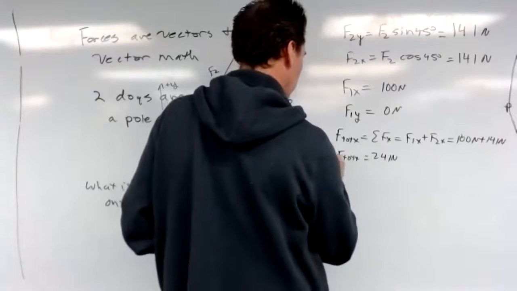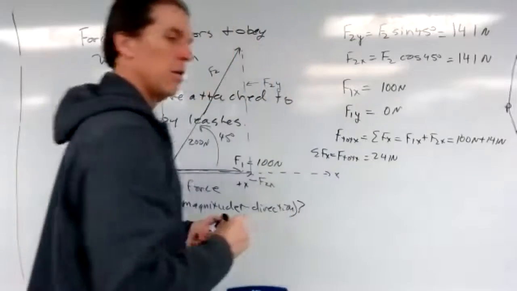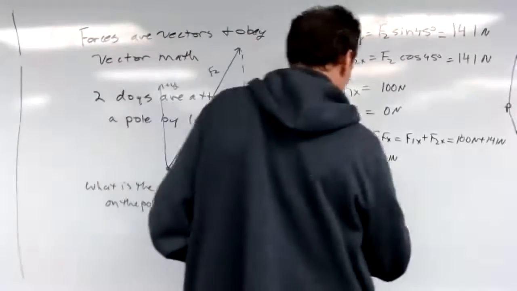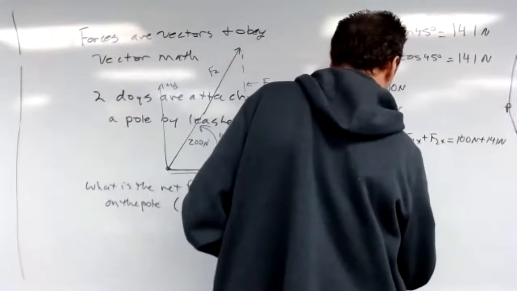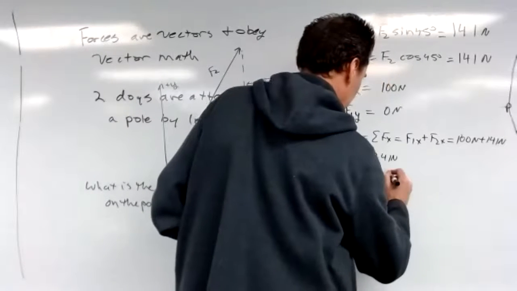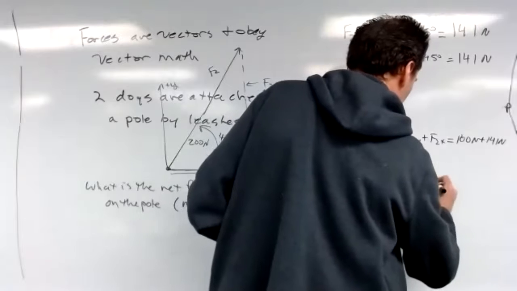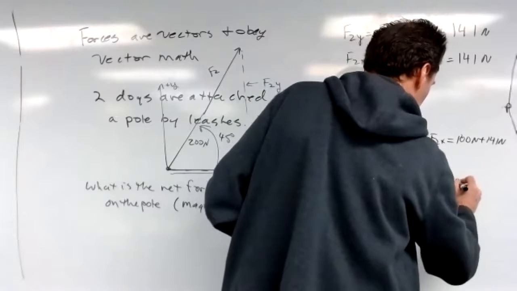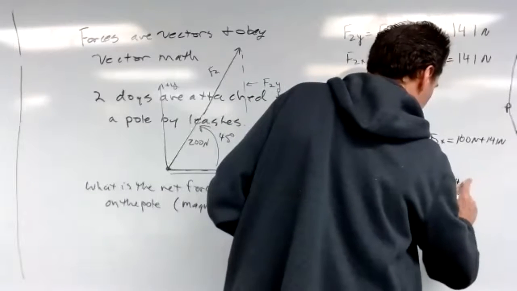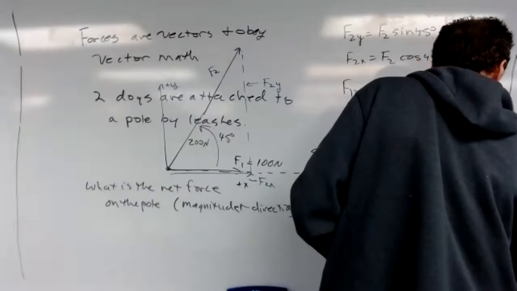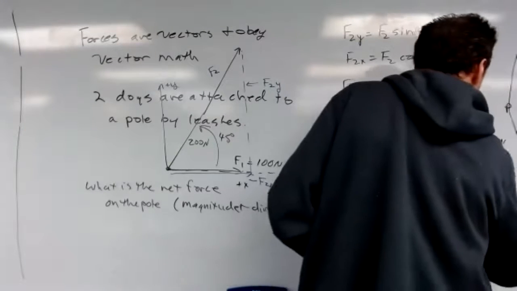Similarly, I can say the sum of the forces in the y direction is F1y plus F2y, which is just 0 plus 141 newtons, which is just 141 newtons.